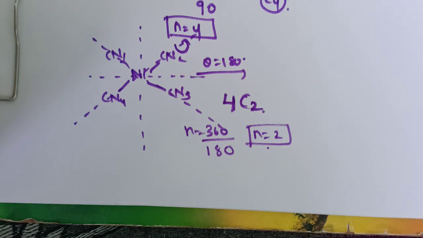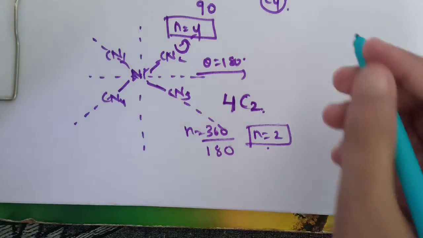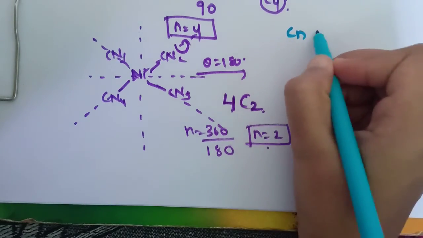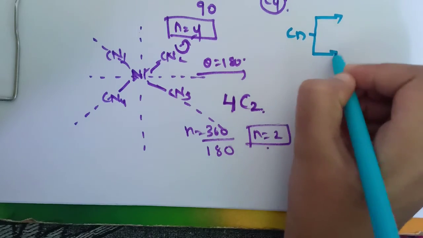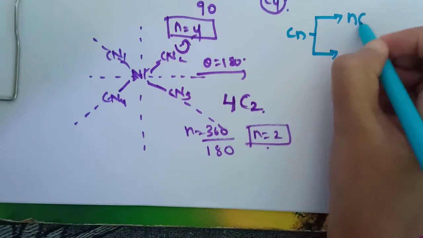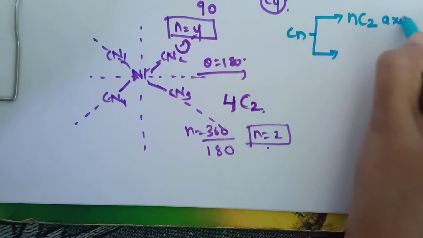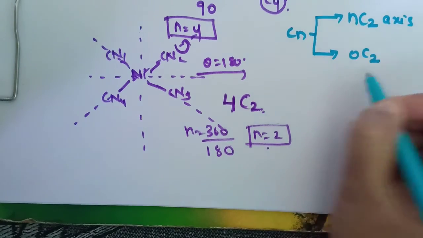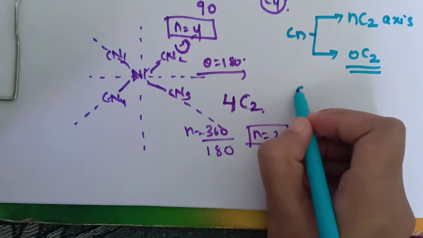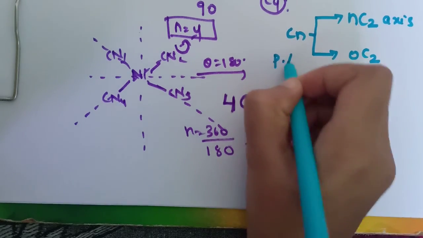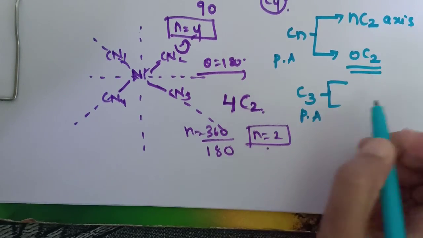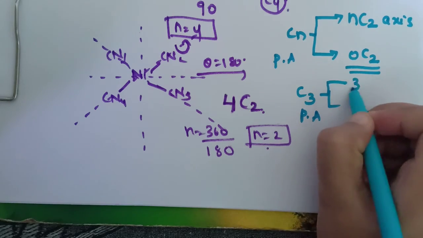Here is another trick to remember this. If Cn is the principal axis, see here, it will contain n C2 axes or 0 C2. That means if C3 is the principal axis, it will consist of 3 C2 only.